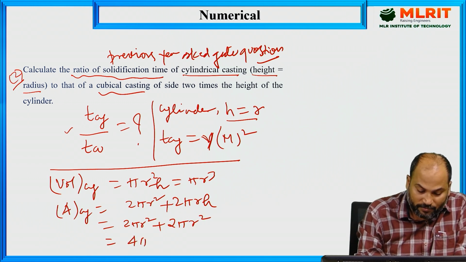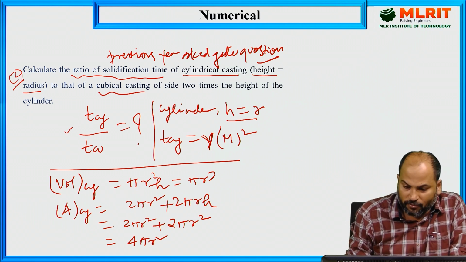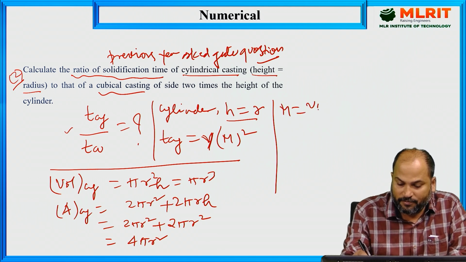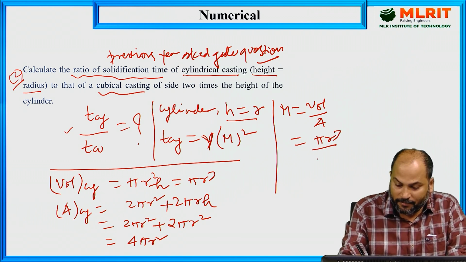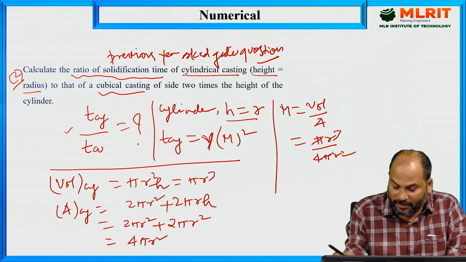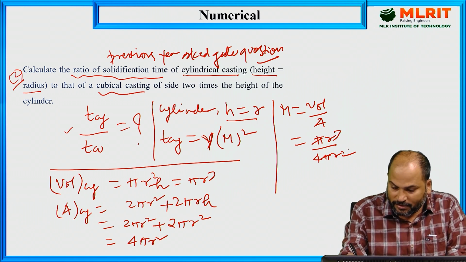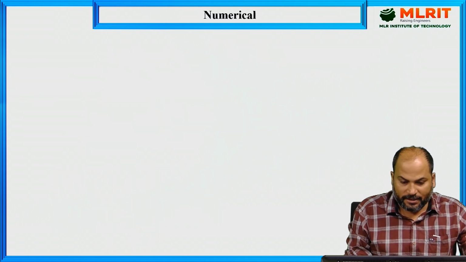So this will be simply 4 pi r square. M will be volume upon surface area: pi r cube divided by 4 pi r square. The pi cancels out, and r square with r leaves r by 4.